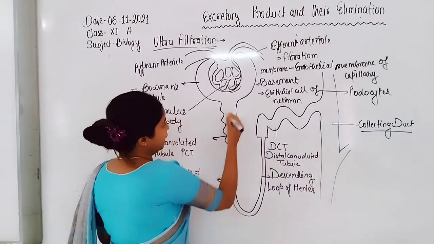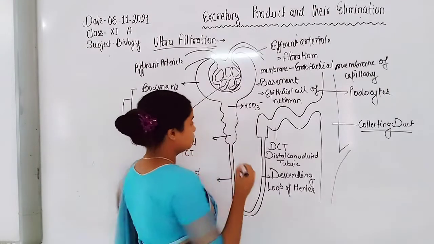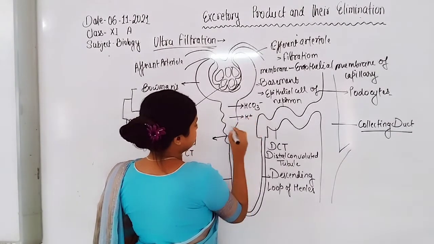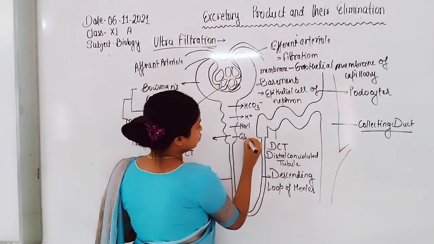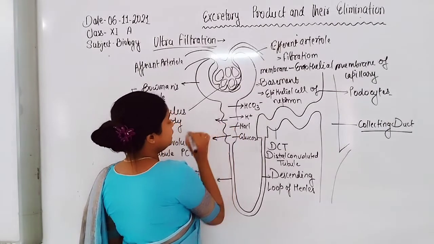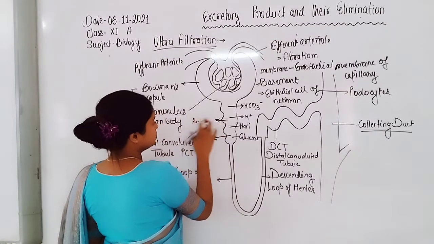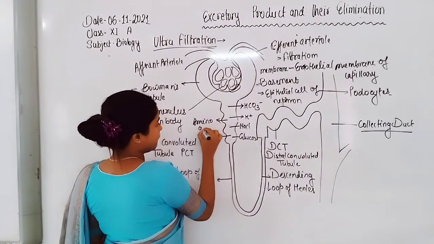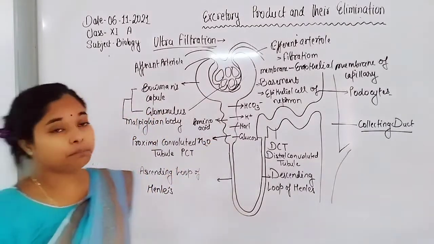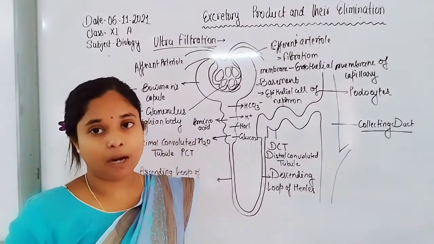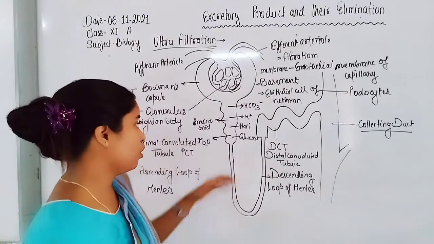Now, the bicarbonate ion, the potassium ion, sodium chloride, glucose, amino acids and water are all reabsorbed from the PCT, the proximal convoluted tubule.